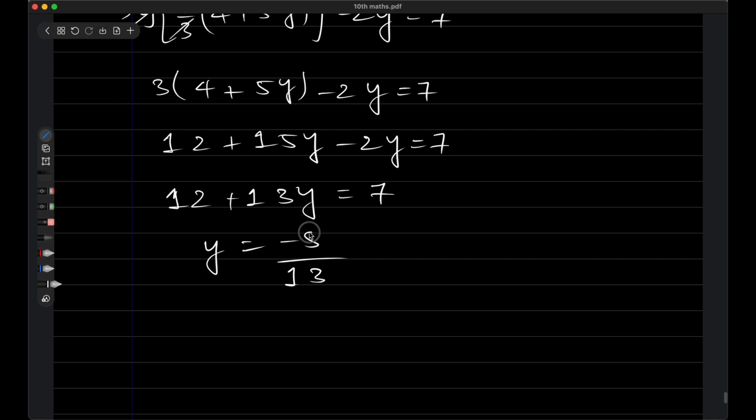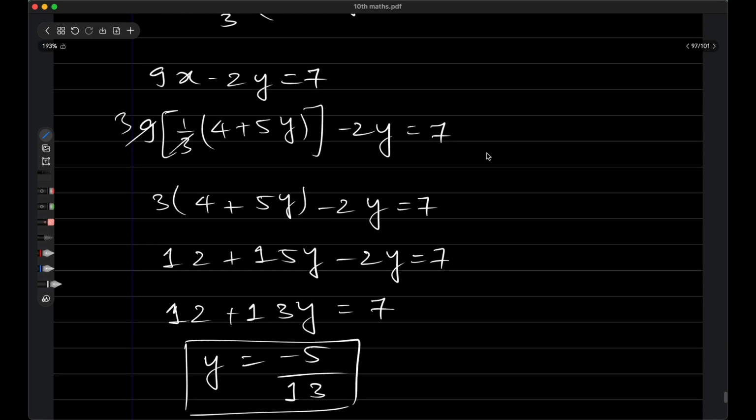The value of y is minus 5 divided by 13. Now put the value of y in the other equation.